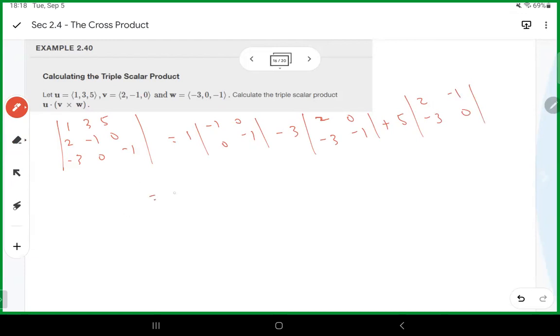And then we would have 1 times 1 minus 0, minus 3 times -2 minus 0, and plus 5 times 0 plus 3.